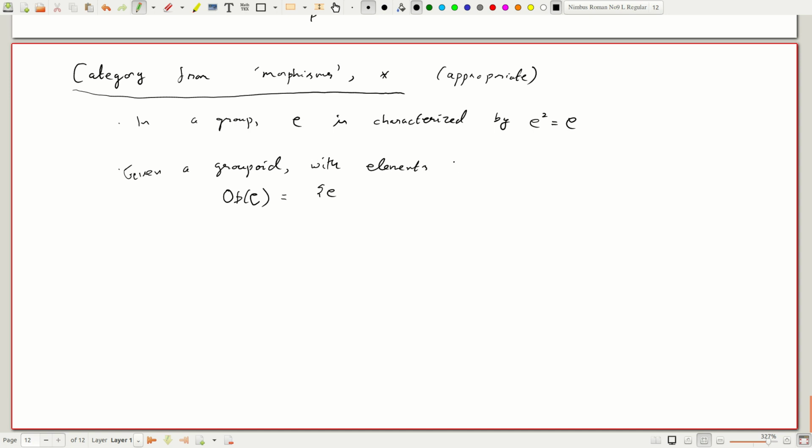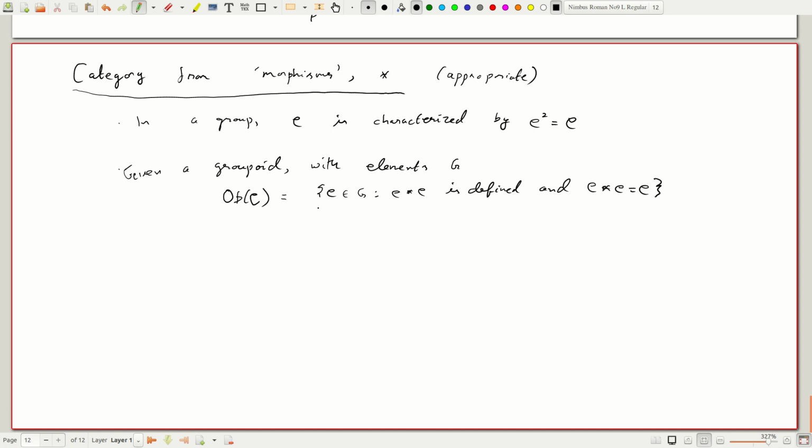Let me call it G. So E in G such that E star E is defined and E star E equals E. Okay, because this is the first case I've emphasized this. When you write an equality in a groupoid, it means they're defined and they're equal to E.